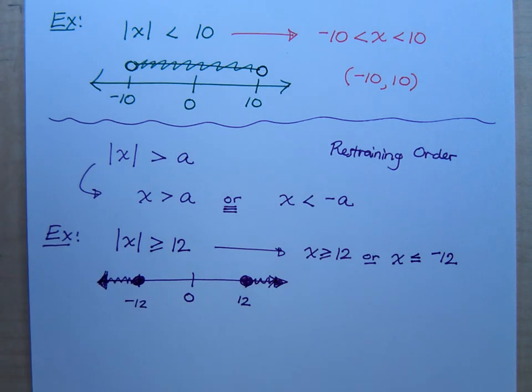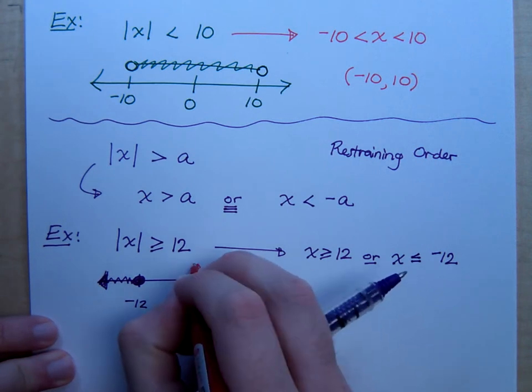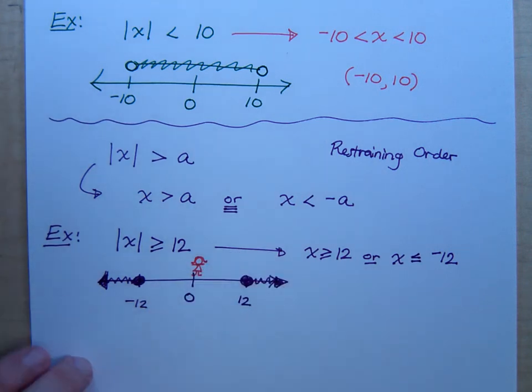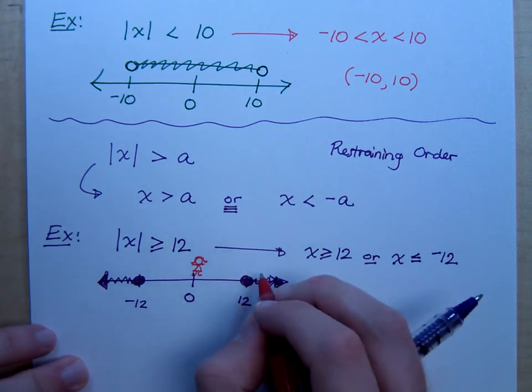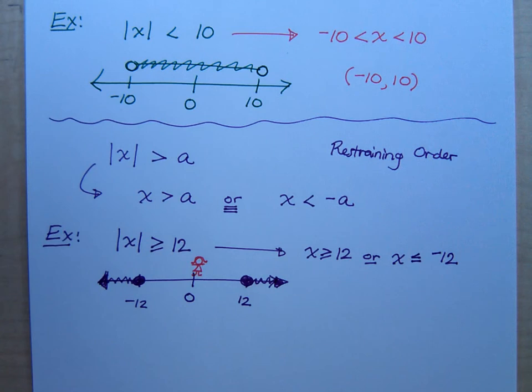So in a restraining order, okay, there's the person, and where's the guy supposed to be? He can be here or here, right? He just cannot get inside. Okay, so how do I describe this guy using interval notation?